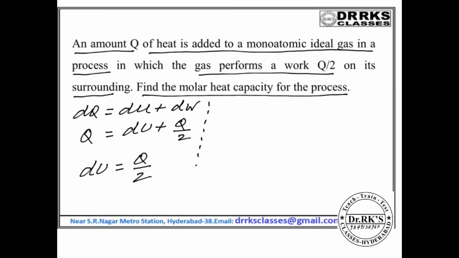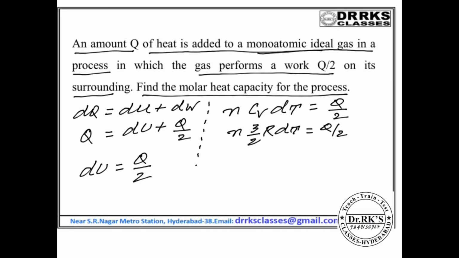But du is n Cv dT, which is given as Q by 2. Since it is a monatomic gas, Cv is 3 by 2 R, so n Cv dT is equal to Q by 2. So from this you will get n dT as Q by 3R. Okay, fine.